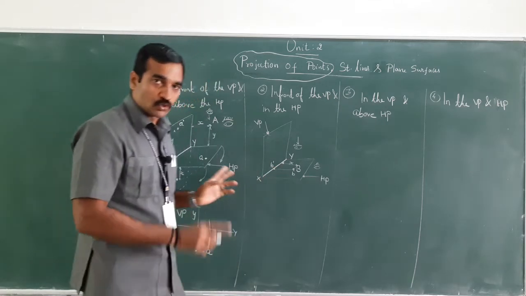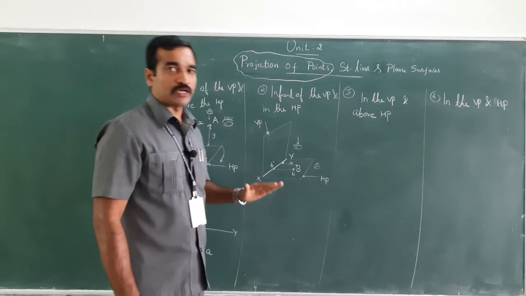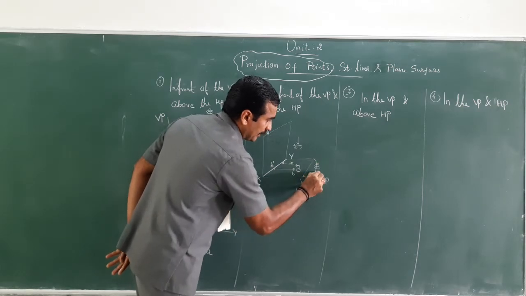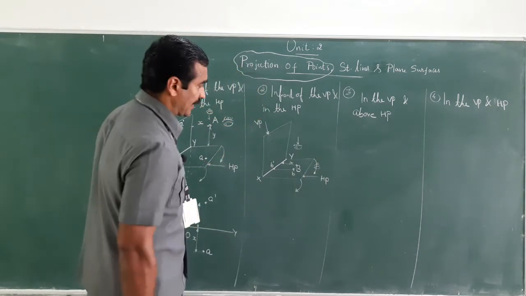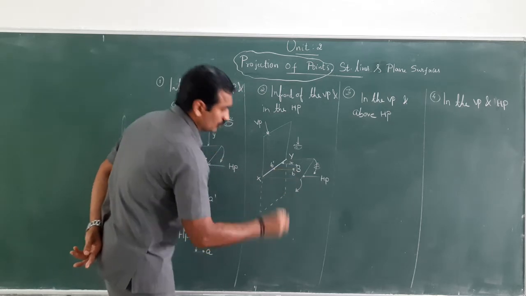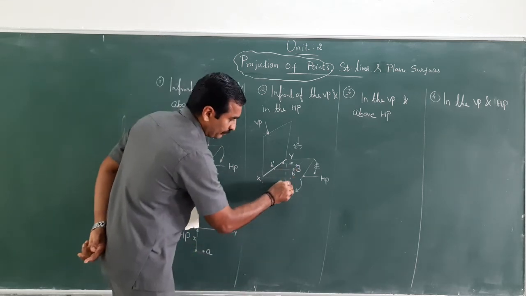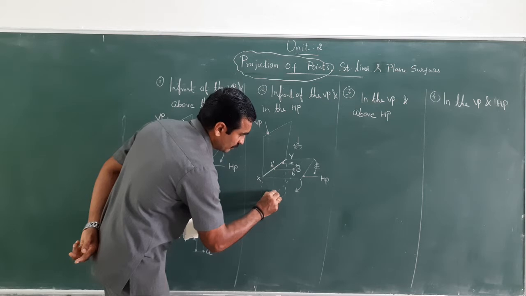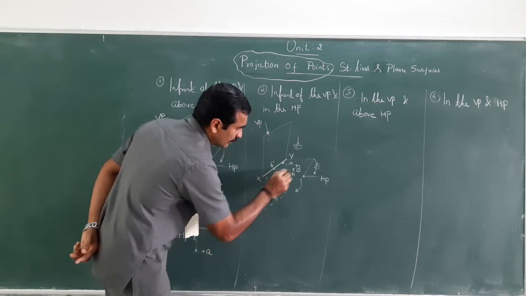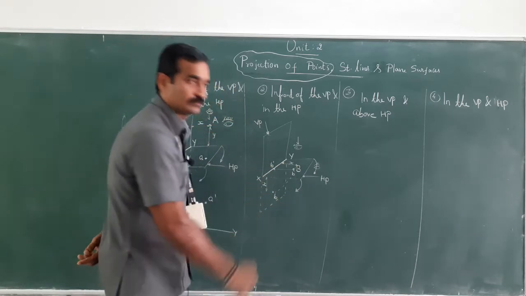What did I tell you? To get the two-dimensional drawing, that is to bring it into orthographic projection, this particular HP needs to be rotated by 90 degrees in the clockwise direction. By doing so, the HP would be here, right? And this point B will also be somewhere here, at a distance of X, right?